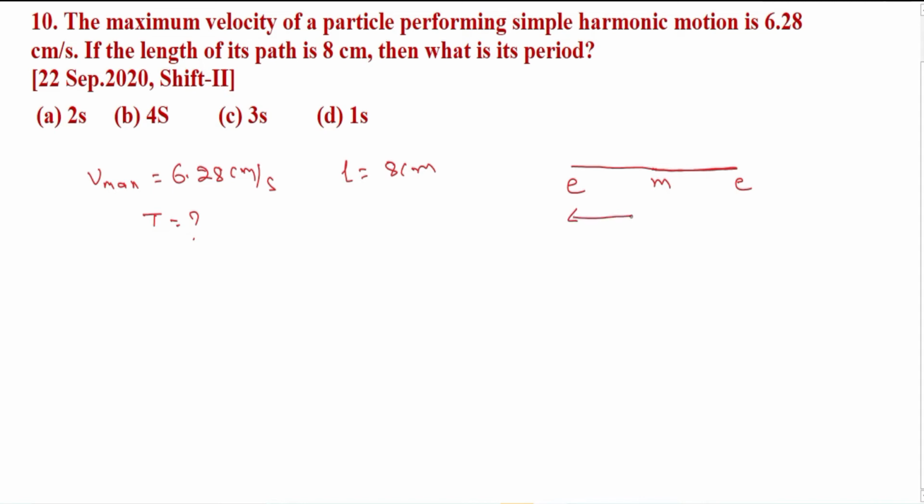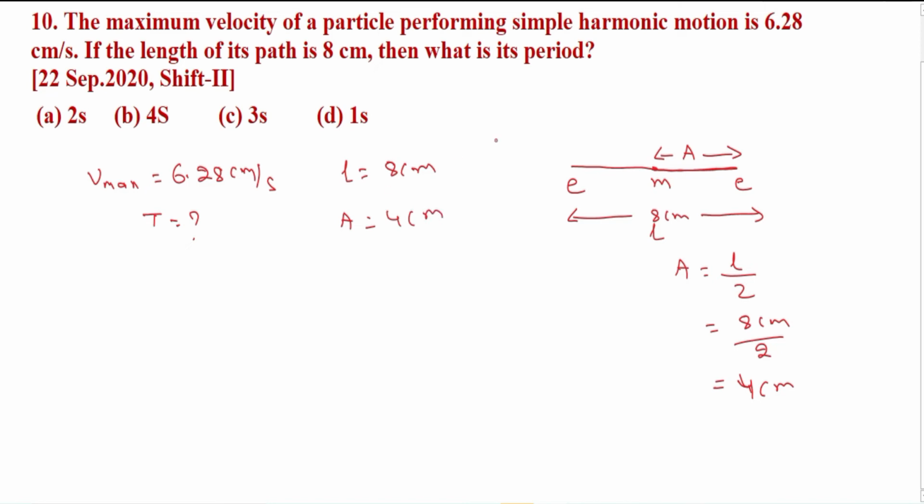He gave the length of the path as 8 centimeters, that means this entire length is L. We know that the distance between the mean position and the extreme position is the amplitude. That means the amplitude will be equal to half of the length of the path, that is 8 centimeters by 2, which is 4 centimeters. So we got the amplitude A as 4 centimeters.